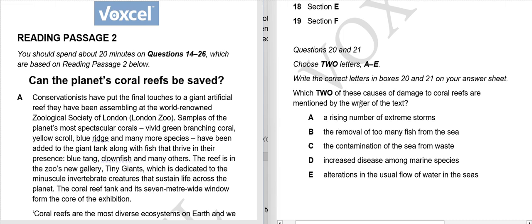Like this particular question says causes of damage, two of these cause damage to coral reef. So we have to find 2 reasons that damage coral reefs. So we will have an idea where these reasons are mentioned in the text. So we will read it again and then we will mark these questions.